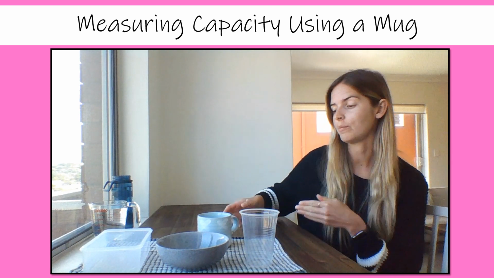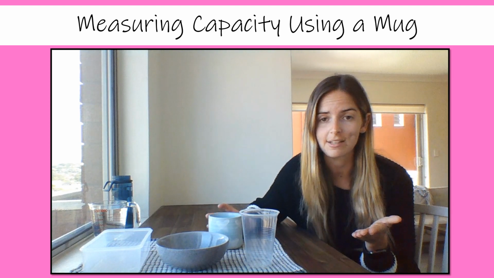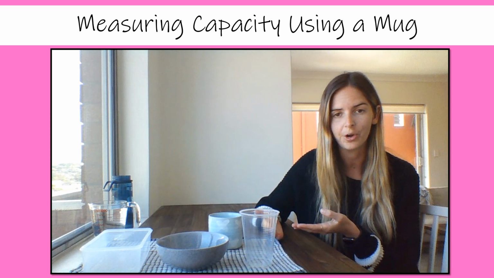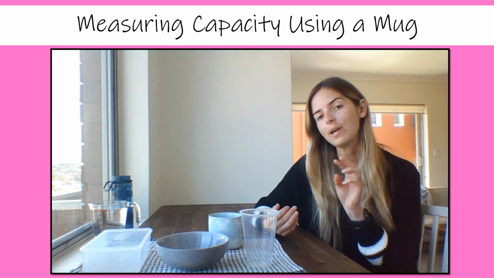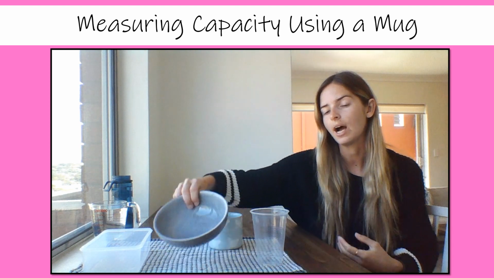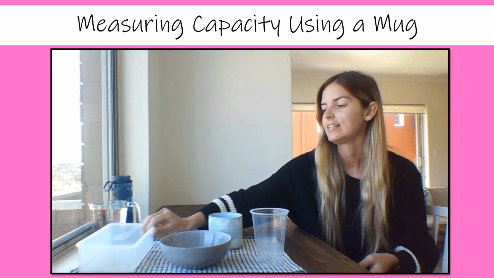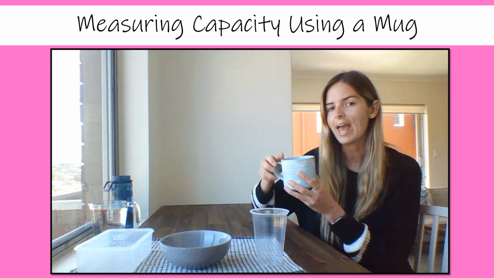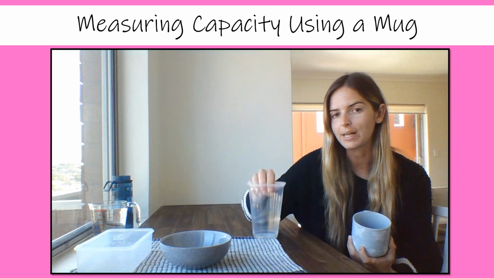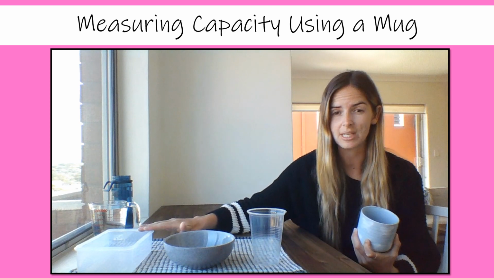Now today I'm going to use a mug, but when you complete the activity you're going to use a plastic cup or any cup that you have at home. Now the 3 objects we're going to measure today are a plastic cup, a bowl and a food container. Now we're going to see how many mugs of water will fill the plastic cup, the bowl and the food container.